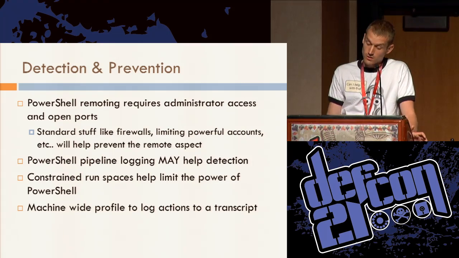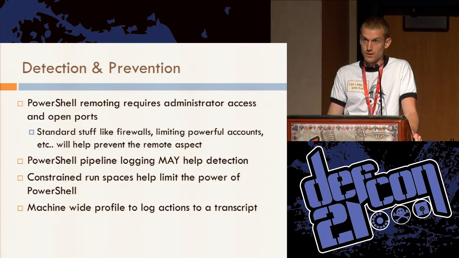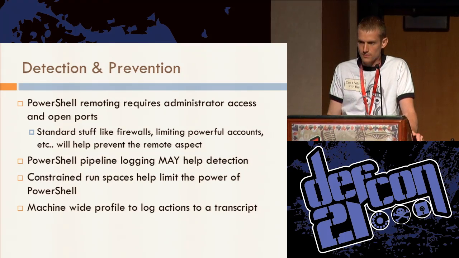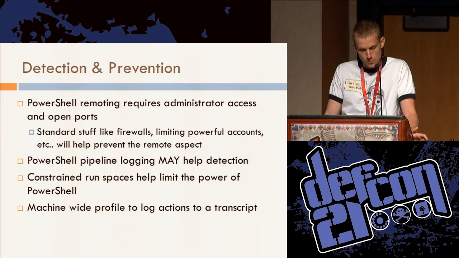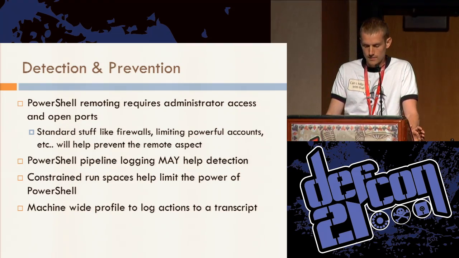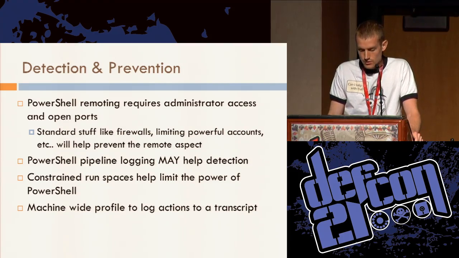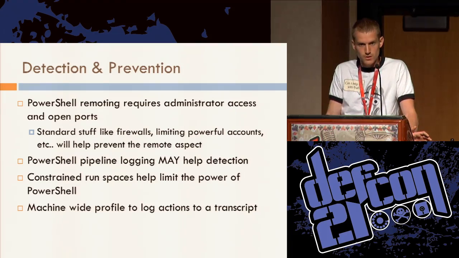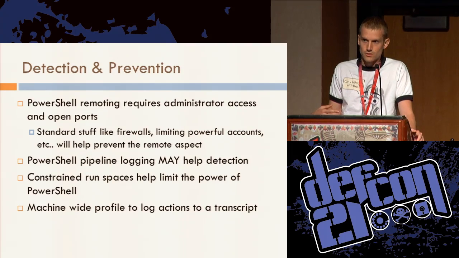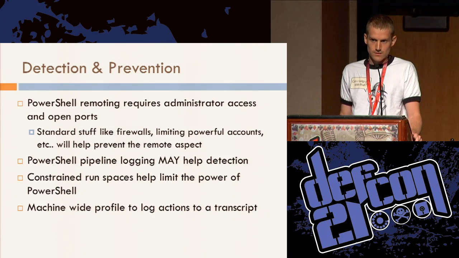PowerShell v3 has pipeline logging, which might help detect this, but it'd be really easy for an attacker to turn it off or clear the logs if they wanted to. And there's also going to be a lot of noise if you actually use PowerShell. Constrained run spaces can help limit the power of PowerShell. So you can say even though someone's allowed to remote PowerShell into the server, there's only specific commands they're allowed to run.